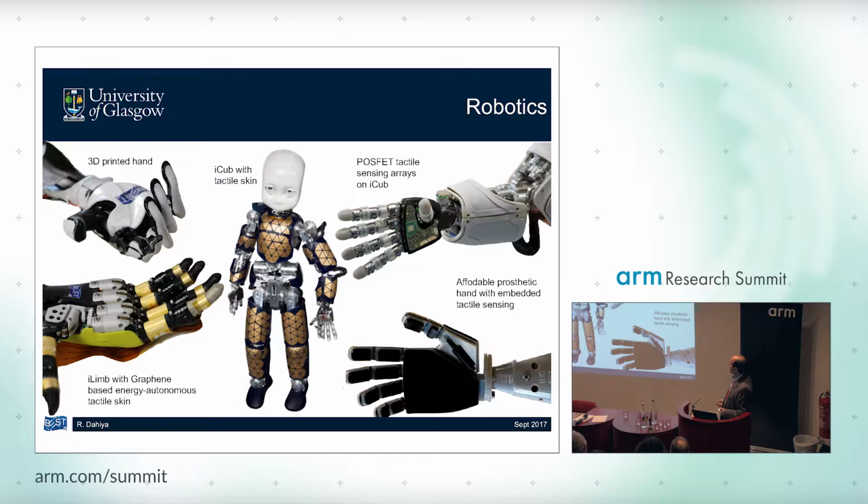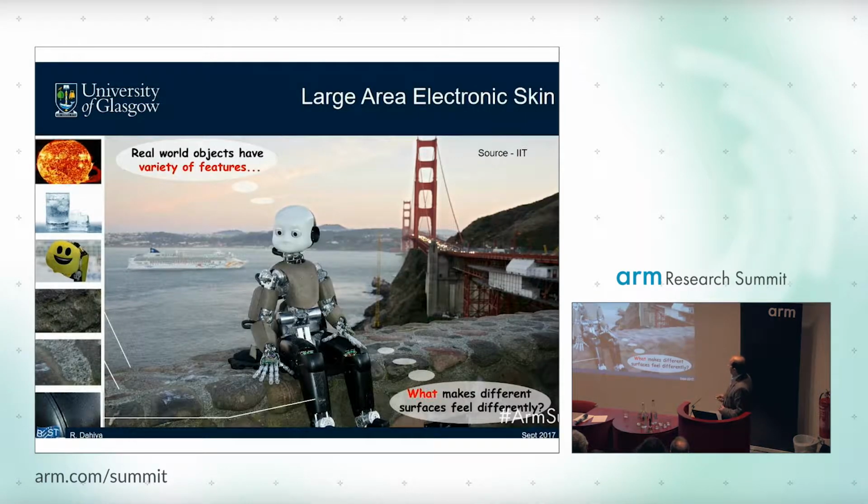Here, graphene-based skin was integrated, and this is off-the-shelf components on flexible printed circuit boards. Large area is also important, because the body has skin distributed all over. The electronic skin is something that we are exploring.